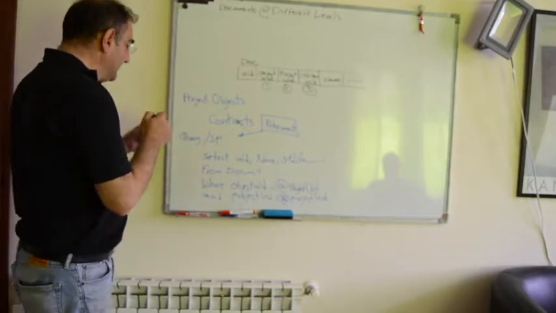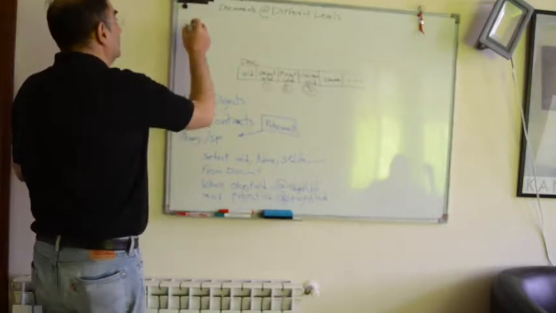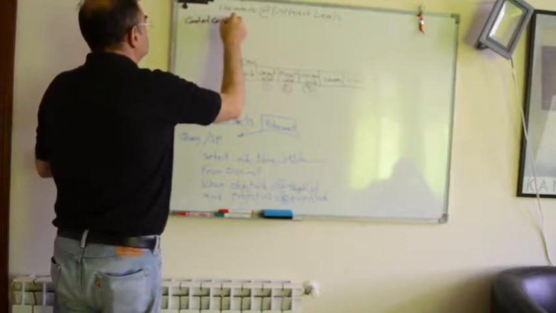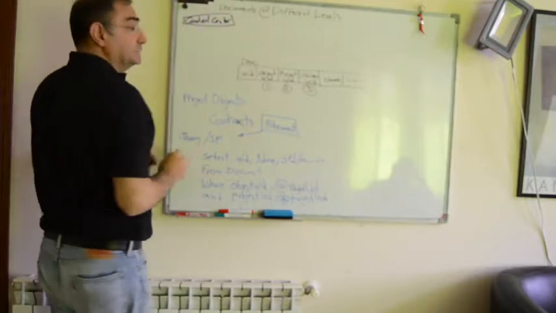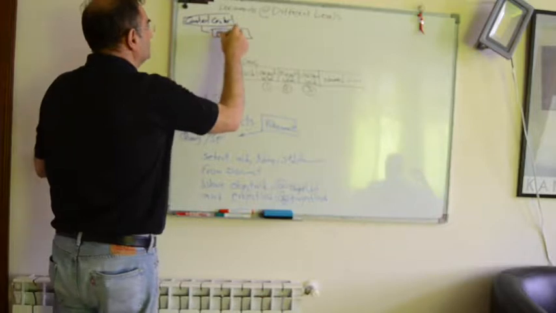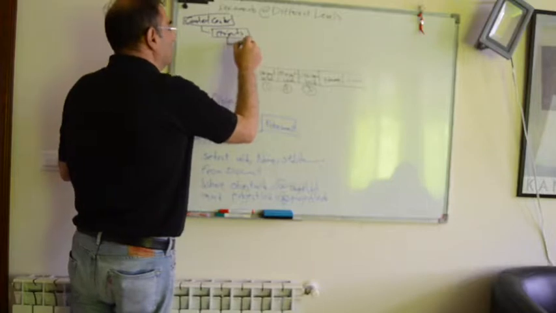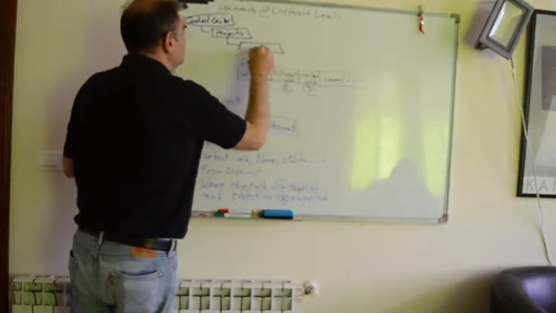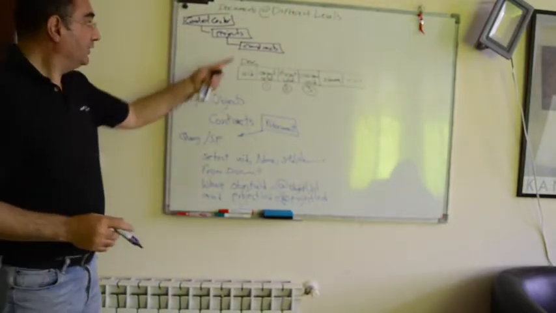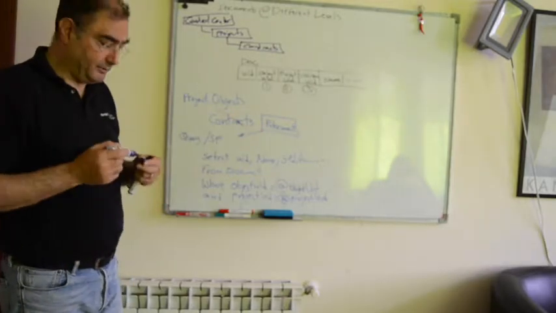So I am standing in the control center. This is the control center. Underneath it, I have my list of projects. I select one project and I expand, and underneath it I have a list of contracts. Contracts is this object that we created that uses the P document icon.